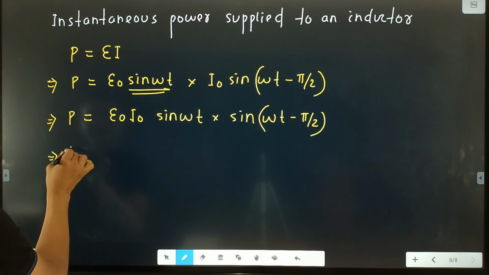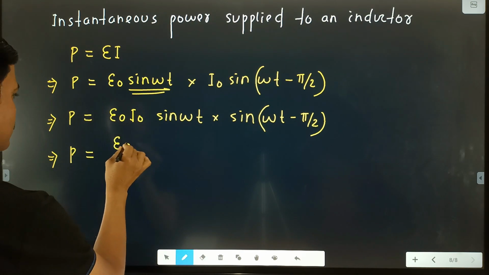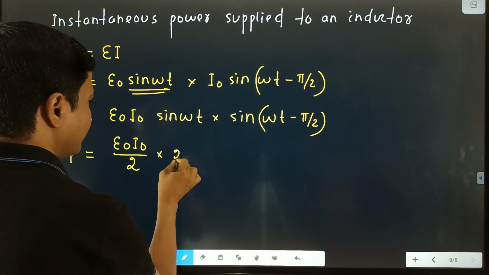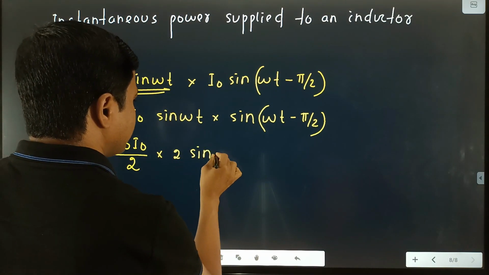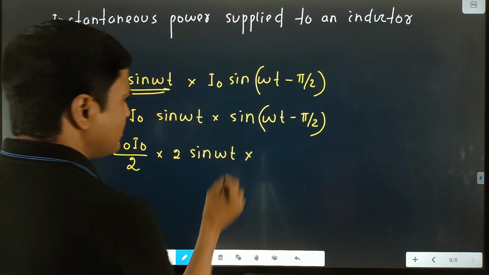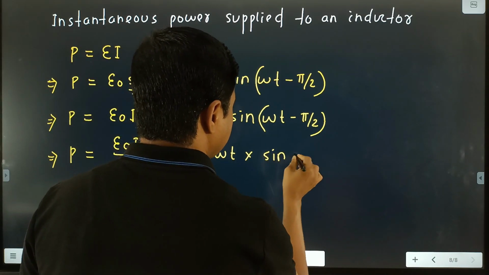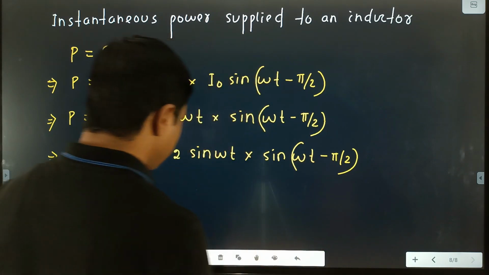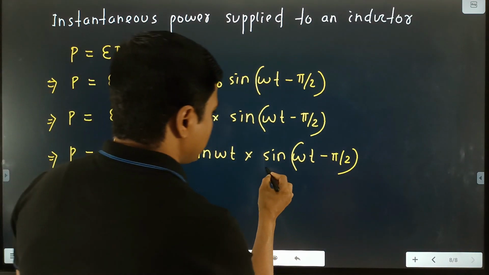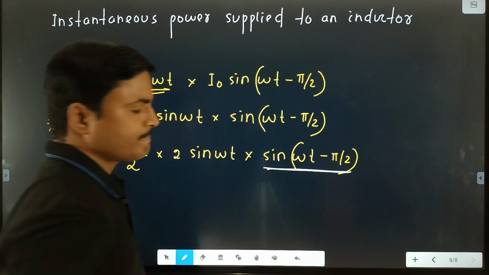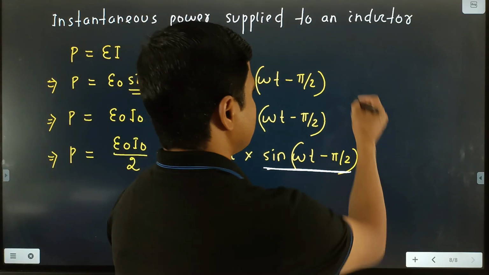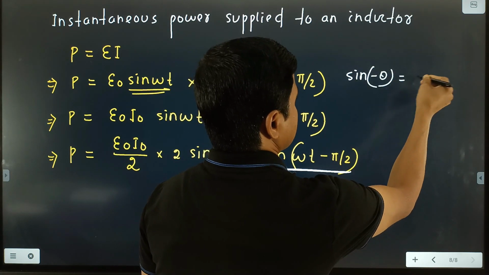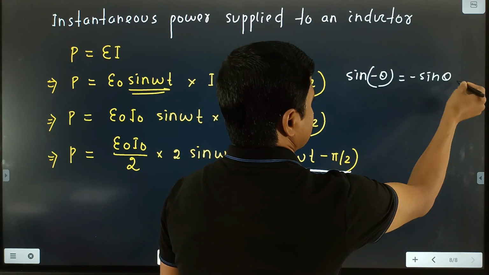Here we divide by 2 and multiply by 2, and put in the trigonometric identity: sin of minus theta equals minus sin theta.